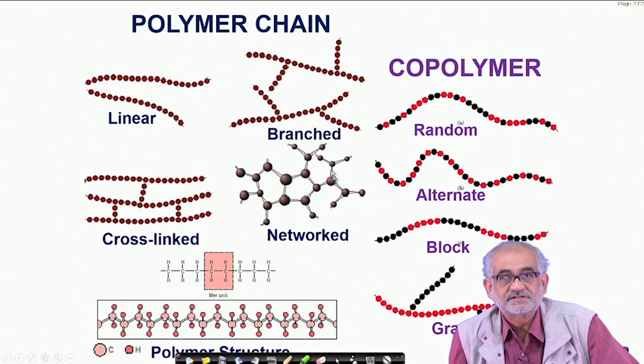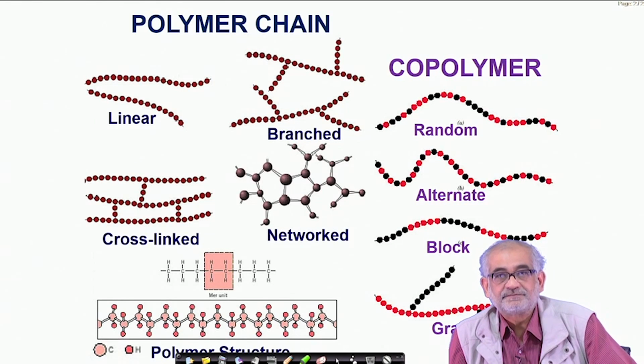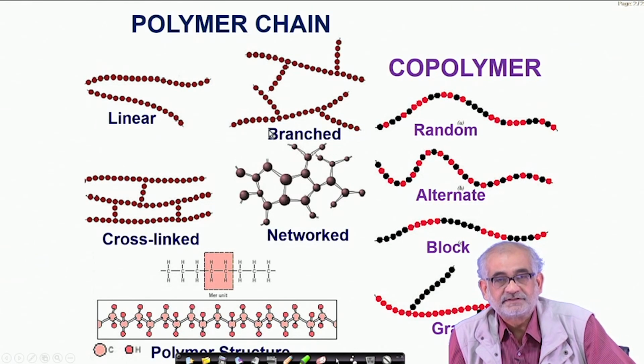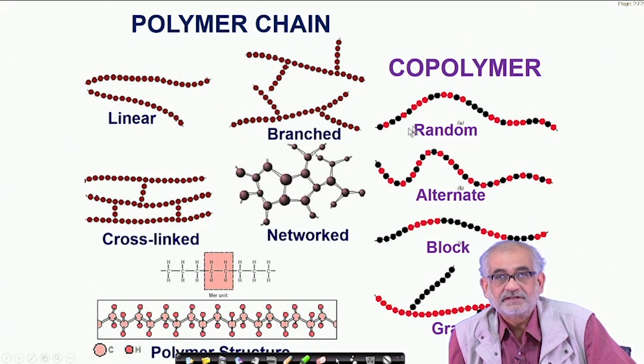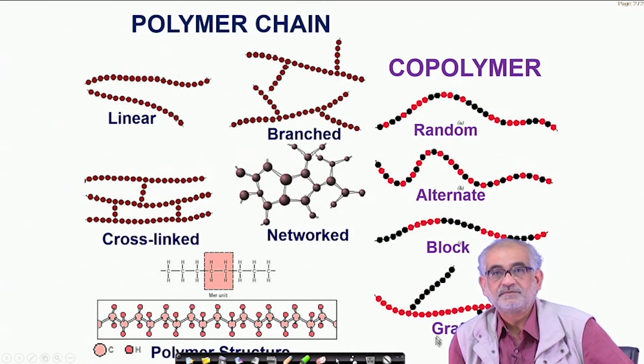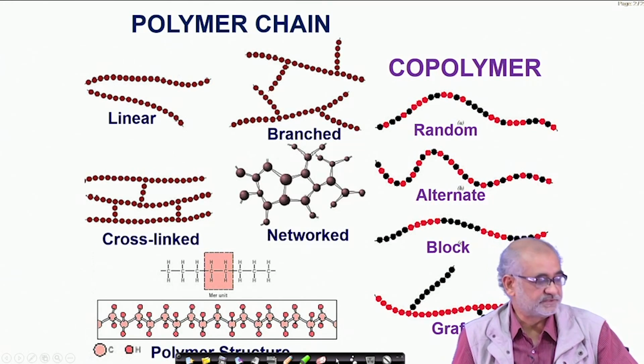the nearest neighbors. Now, just like we can add sugar to water and make a syrup, or in a solid we can add one type of atom into another lattice and create an alloy, in the case of polymers also, we can add different types of monomers and make a random copolymer, alternate copolymer, or a block copolymer, and in some rare cases even graft copolymers.